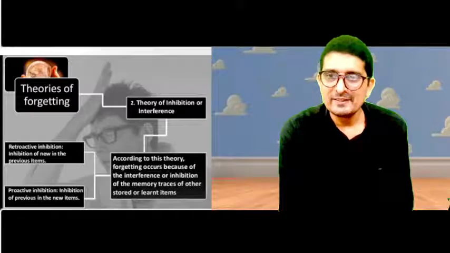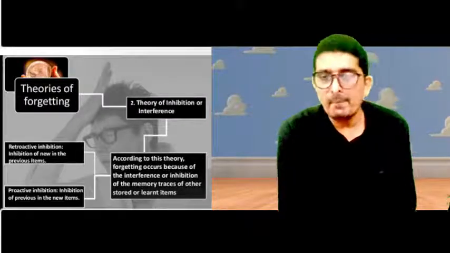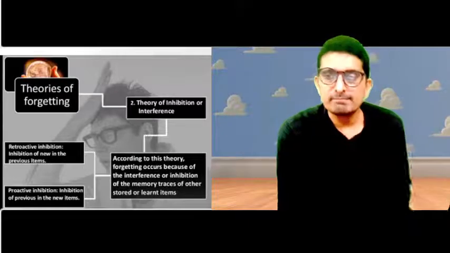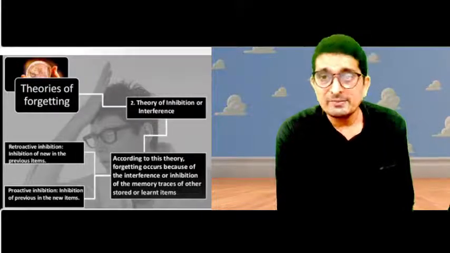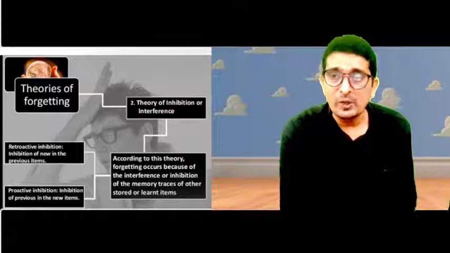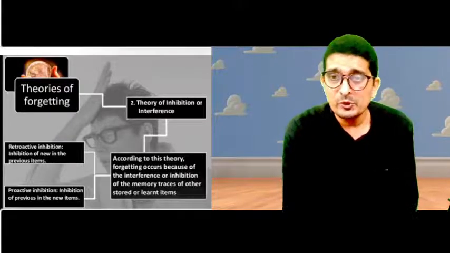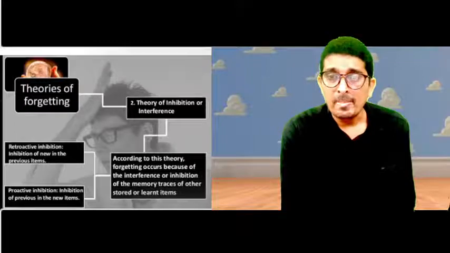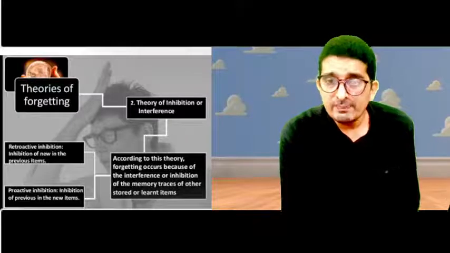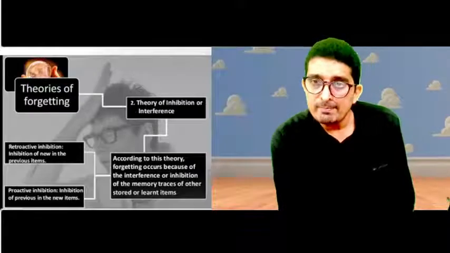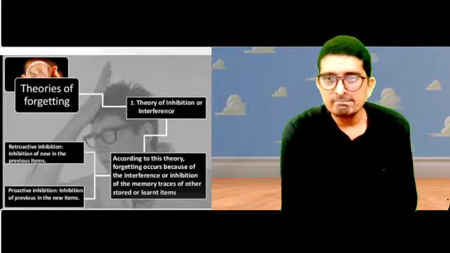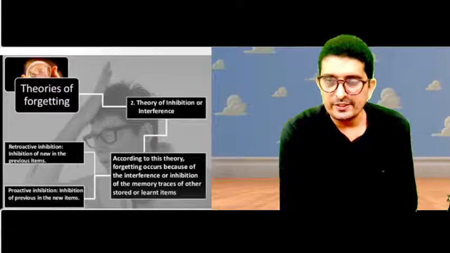Similarly, at times if we purchase a new thing and we feel that the old item is better than the new item, then we will be forgetting the new item. And similarly, when we learn something new, sometimes it may interfere and we may forget the old item.